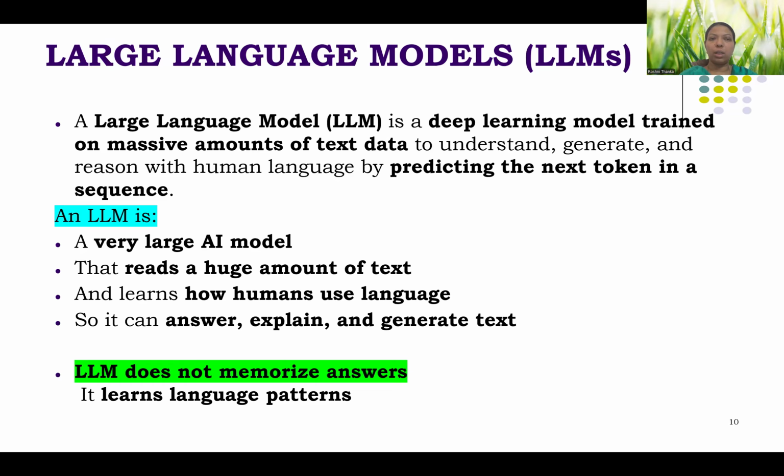We can call this large language model LLM. Why is it large? Because it is trained with a large amount of data, so that it can learn how humans use the language. It can understand our language, and it can answer, explain, and generate text.